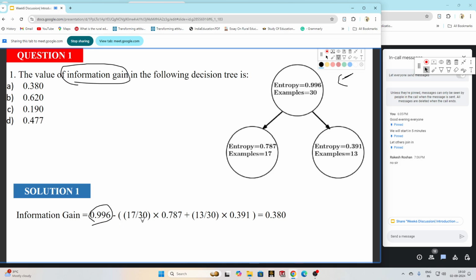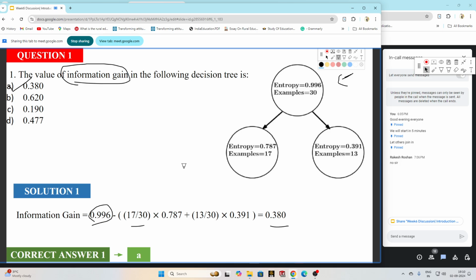So minus 17 by 30 into 0.787, and then plus, as we have taken minus common, 13 by 30, because we have 13 examples, into the entropy of this leaf, 0.391. So our information gain is coming 0.380. So option A is our correct answer.